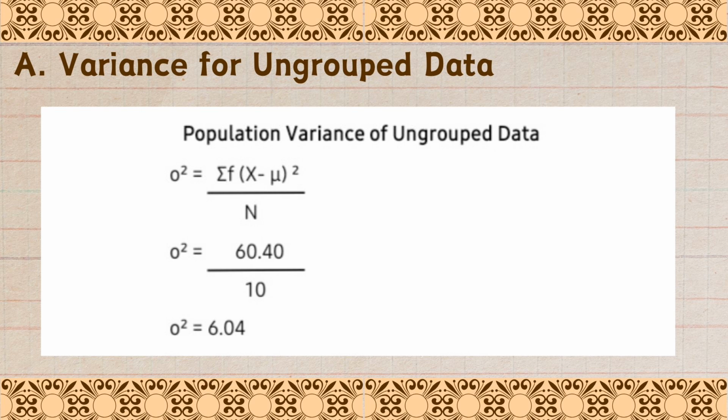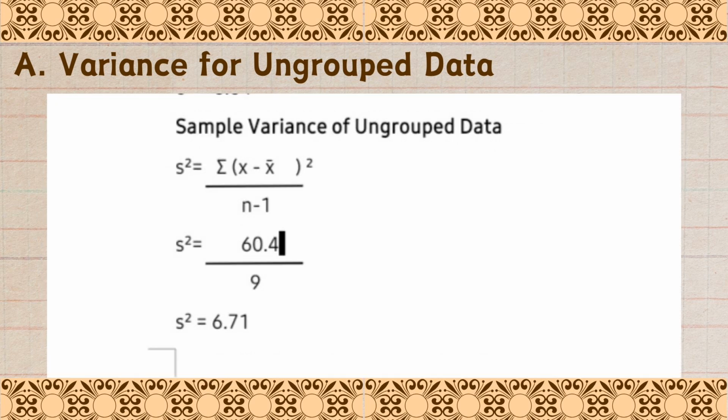Population variance equals the sum of frequency of value minus population mean squared divided by total number of cases. We get 60.40 from the table. Divide it by 10 because the total number of students in the science quiz is 10. So the answer is 6.04.